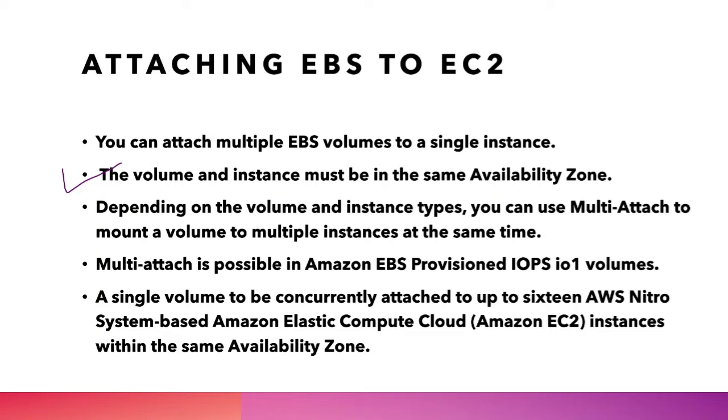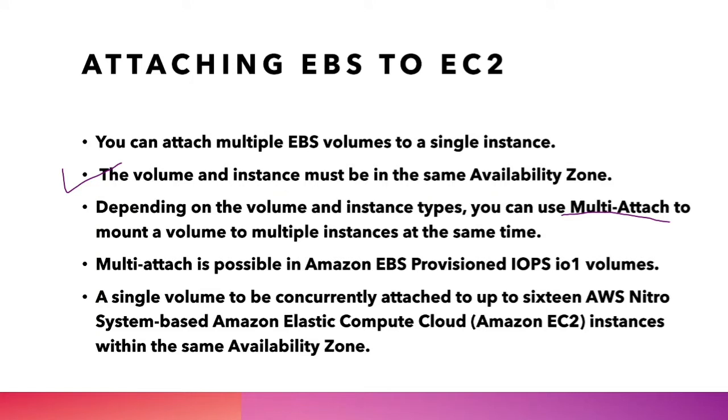Depending upon the volume and the instance type that we have created, we can use a new concept which is known as EBS multi-attach, right, to mount a volume to multiple instances at the same time. Now, in the first point, we have seen that we can attach multiple EBS volumes to a single instance, but the vice versa was not possible.